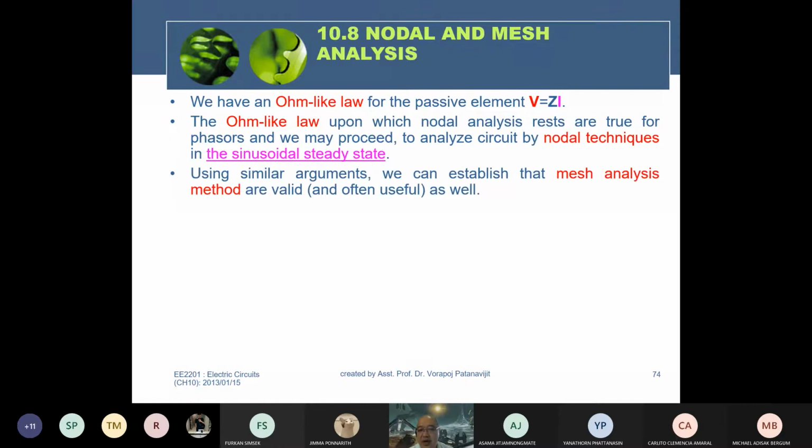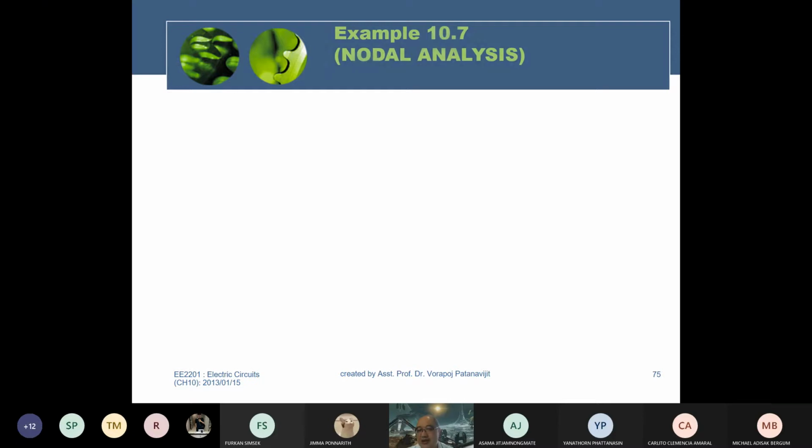Using a similar argument, we can establish that mesh analysis methods are valid and often useful as well. The steps to apply nodal analysis and mesh analysis are the same as DC circuit analysis. But to give you more understanding, I will provide a real example.